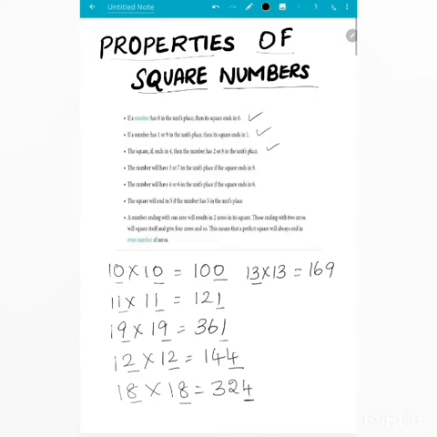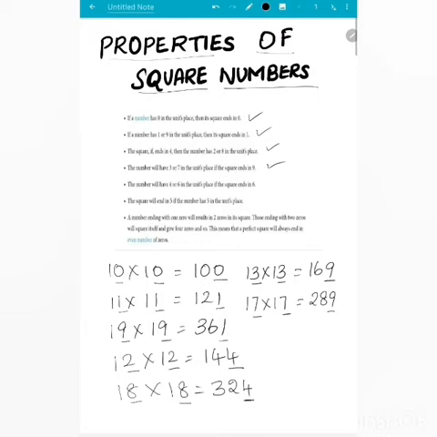So if the units place is 3, the square number ends with 9. Suppose 17, 17 squared is 289. If the units place is 7, the square number ends in 9. Okay, so this is the next one.